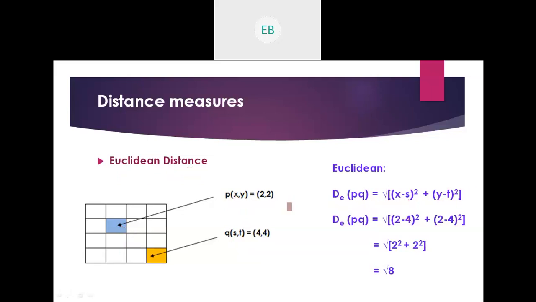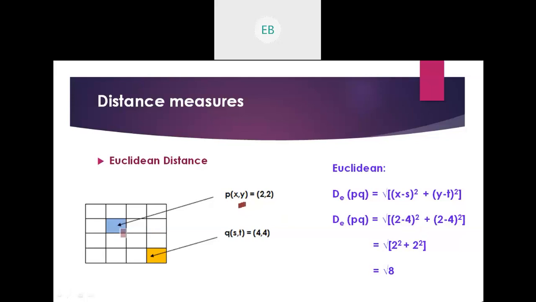Okay, and already we know the coordinate values, right? So x is 2 and s is 4, that is (2 minus 4) whole square, plus (y minus t) whole square, that is y is 2 here, t is 4, so (2 minus 4) whole square. So we have to take the modulus function. Okay, why are we taking the modulus function here? Because we are not considering the sign over here. Why?